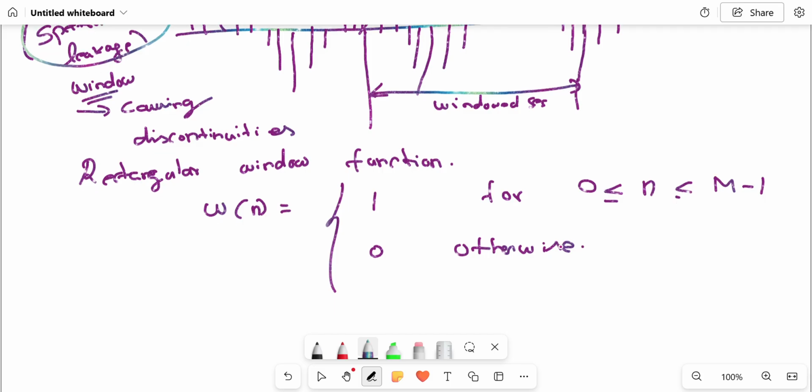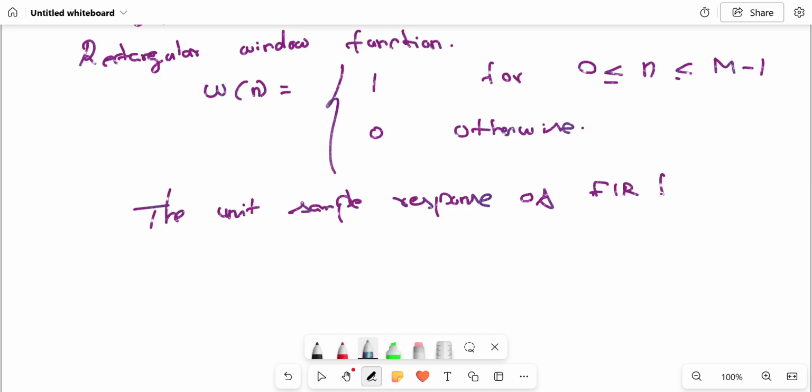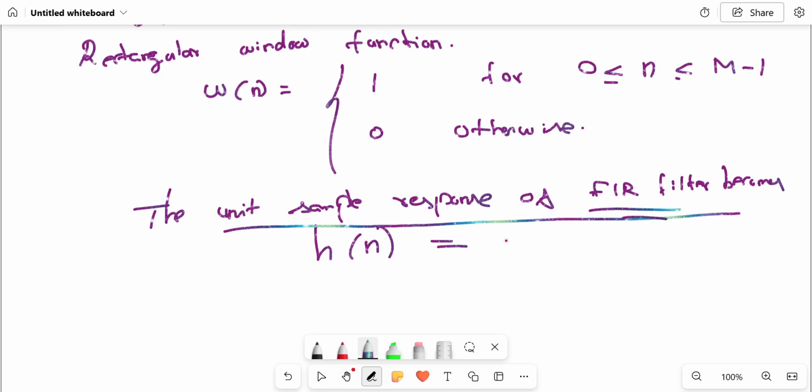So now the unit sample response of the FIR filter, h of n, becomes hd of n multiplied by the window function w of n.